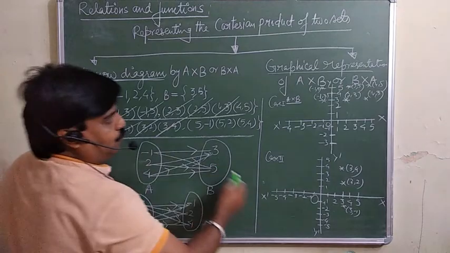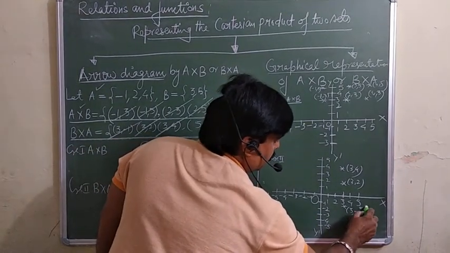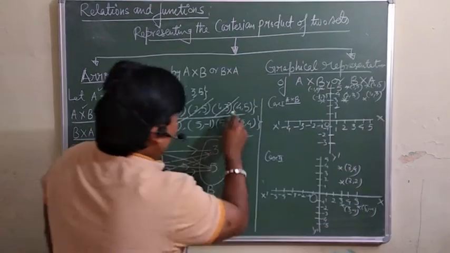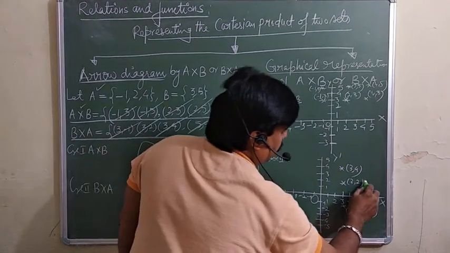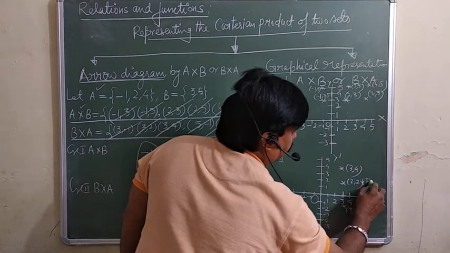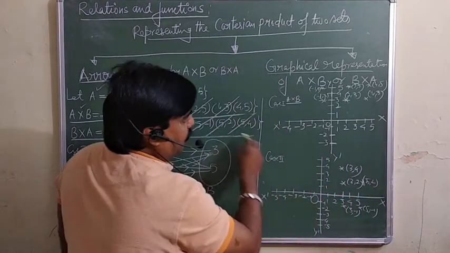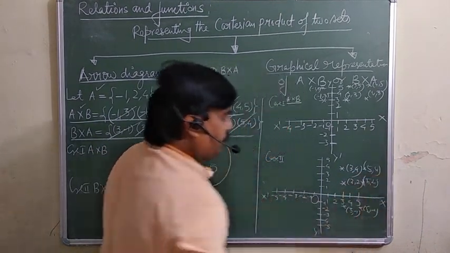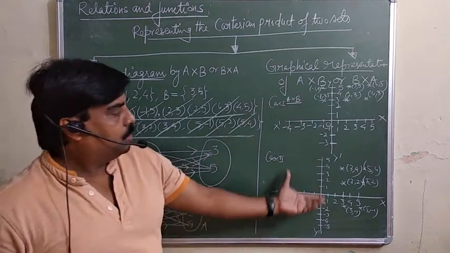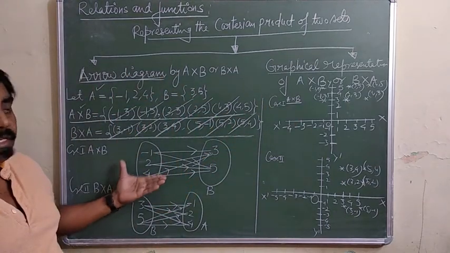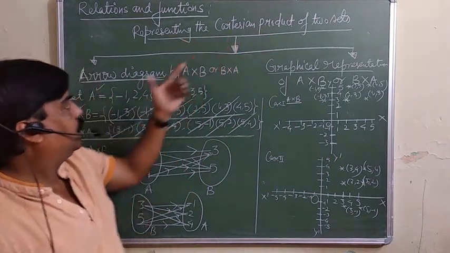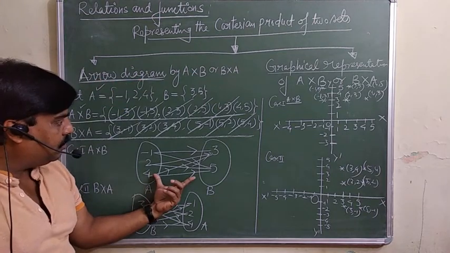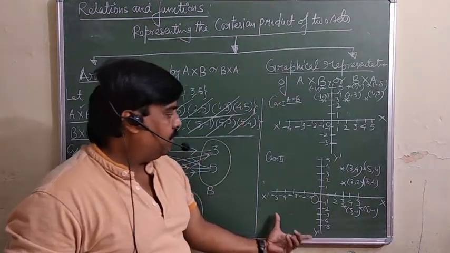Similarly 5, -1, then 5, 2, then 5, 4 is here. So you can plot these coordinates. So there are two different ways by which we can represent the Cartesian product: by the arrow diagram or by the graphical method. Have a look.